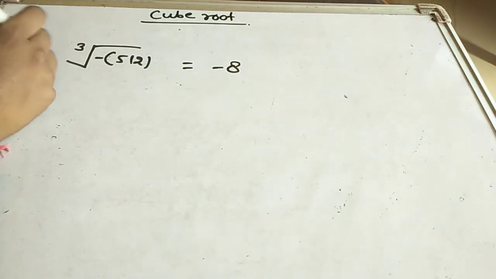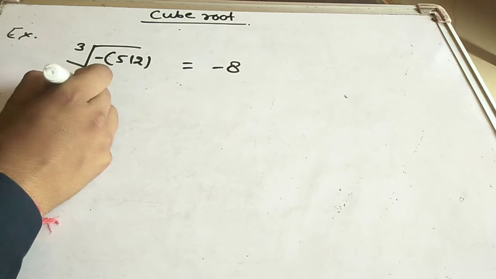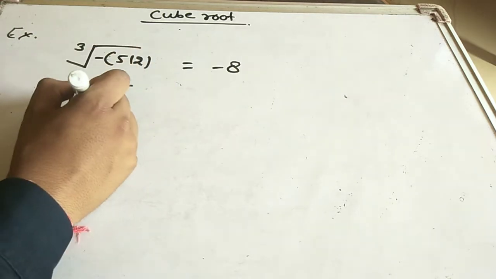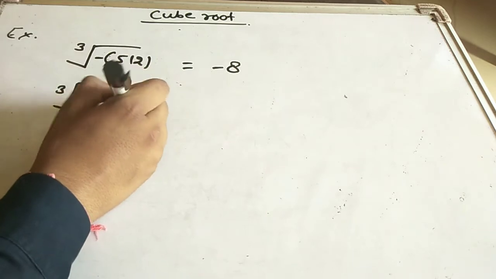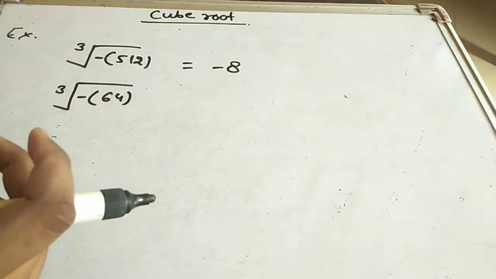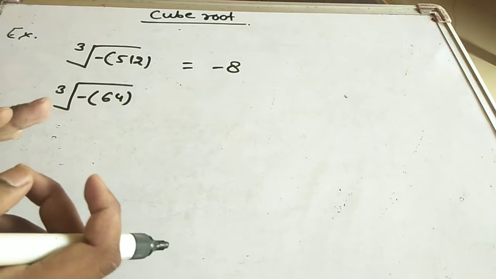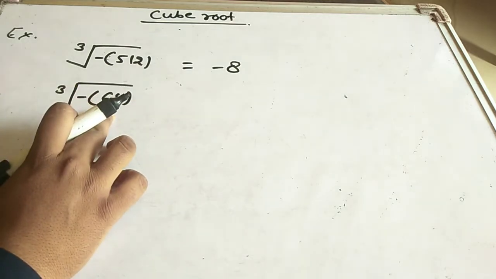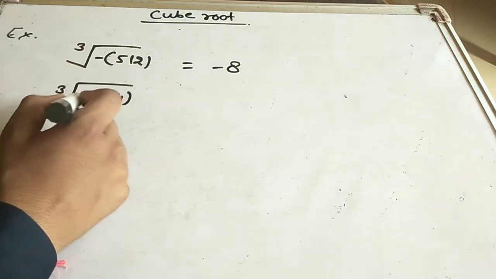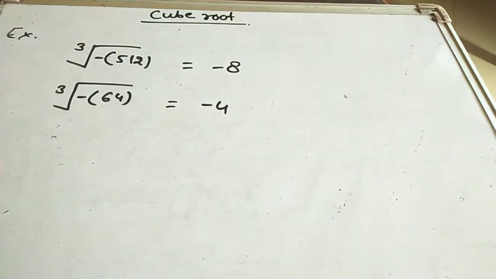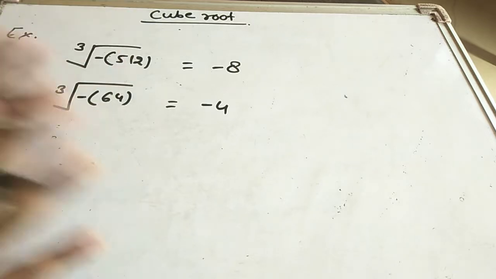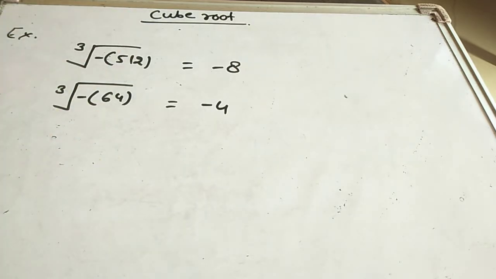And cube root of minus 64. The cube root of 64 is 4, but the cube root of minus 64 is minus 4. Understood? So, the cube root of negative number is always a negative number.